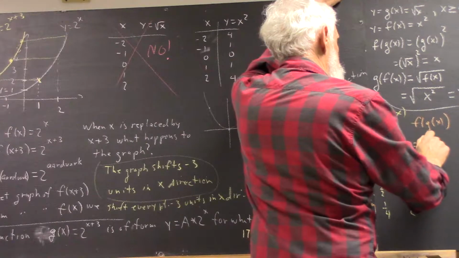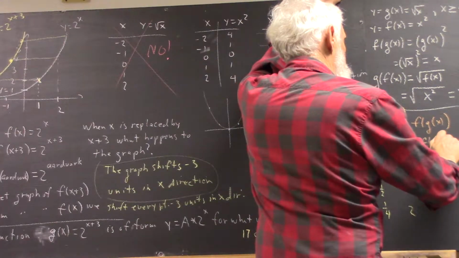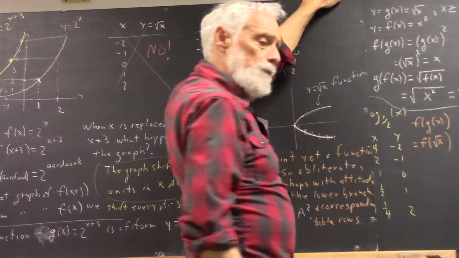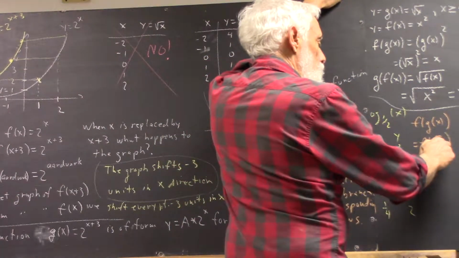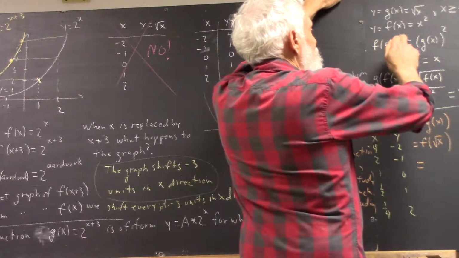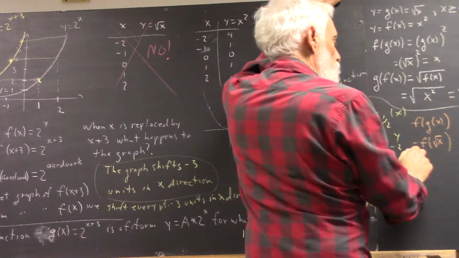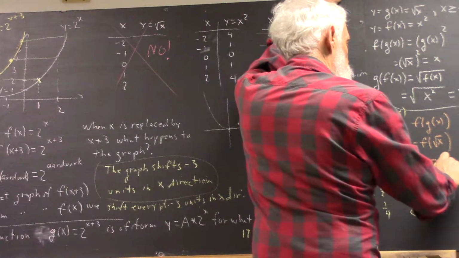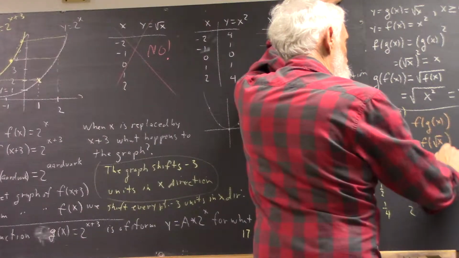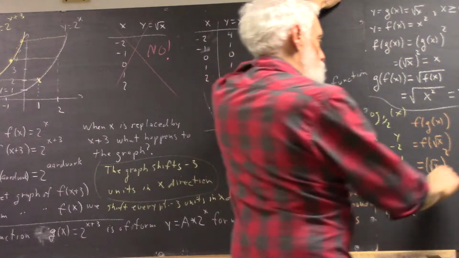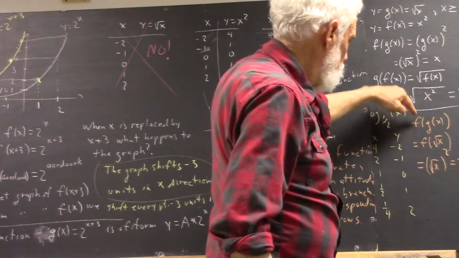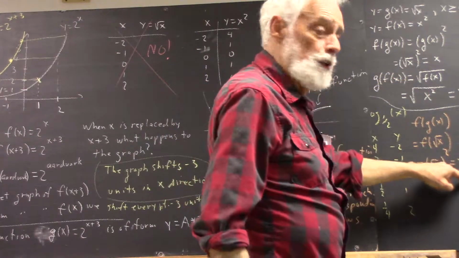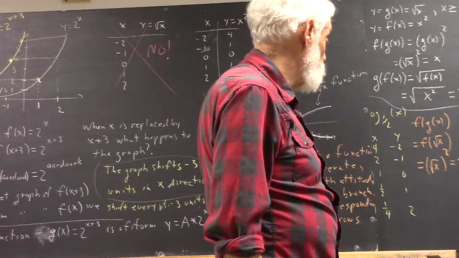So I could say that's f of square root of x, couldn't I? And of course, f of x is x squared, so f of square root of x is the square root of x squared, which equals x. Now that's just another path you can take to get from f of g of x to the expression for f of g of x.